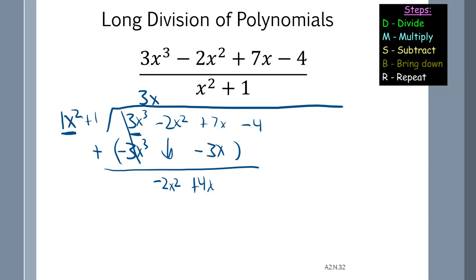So with this one, now we know we've got, we'll bring all of it, -4. So now we're going to look again. Looking at this first setup here, -2x squared. And how many times does x squared go into that?